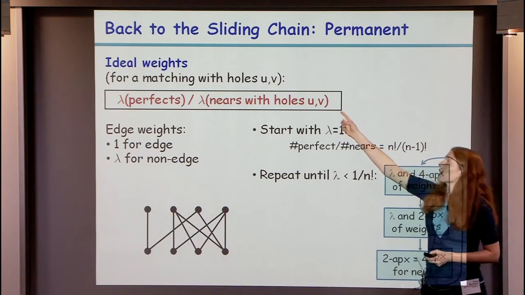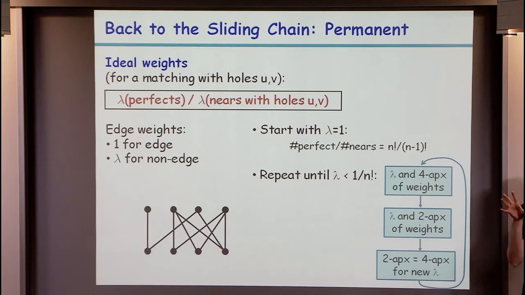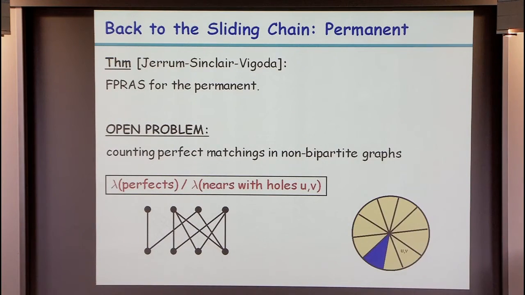I need to adjust with the current approximation of the weights so that I get the space nicely partitioned into roughly equal size n squared plus 1 regions. So I think I'll stop here. I'm not going to get into the analysis of the mixing time.